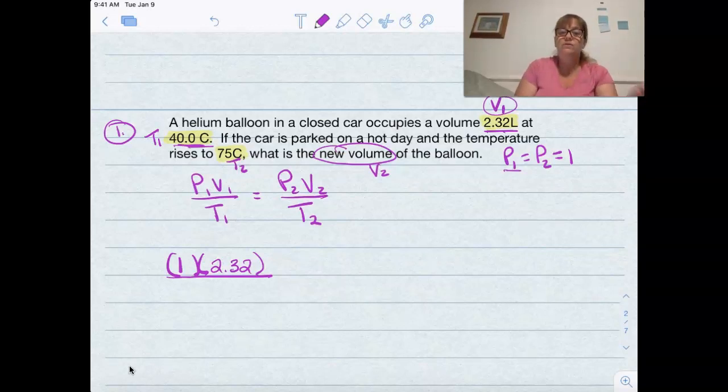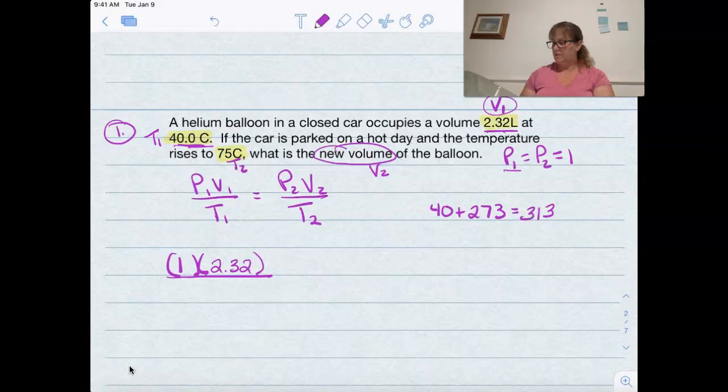Now, can we use 40 degrees Celsius? I hope you said no. I hope you remembered from the last video that in gas laws, the temperature must always be in Kelvin. So that means off here to the side, we've got to go 40 plus 273 equals 313. So that's what goes down here.